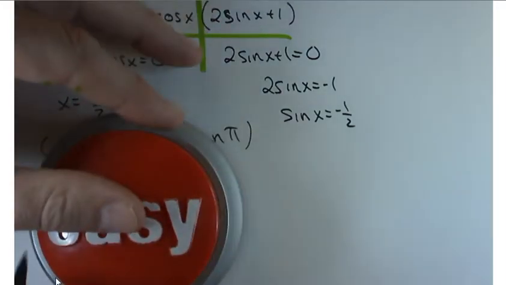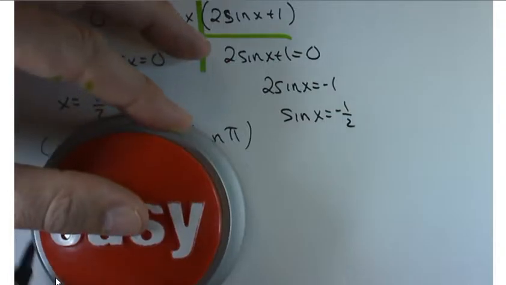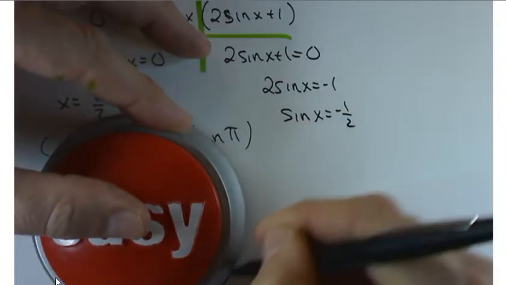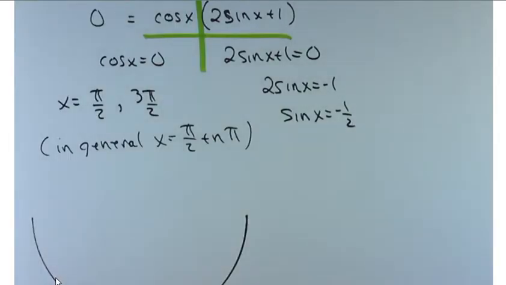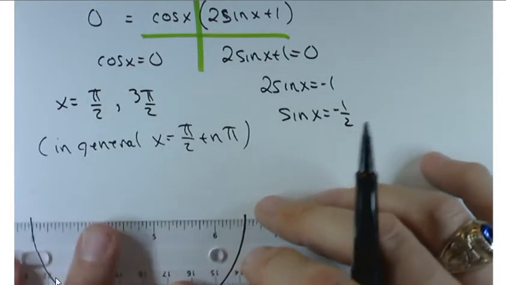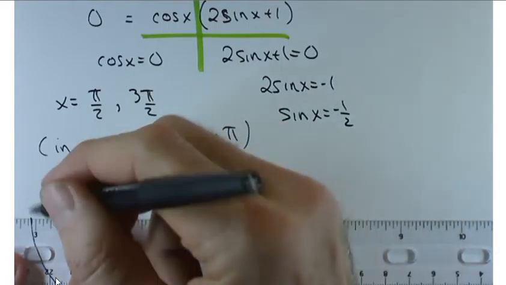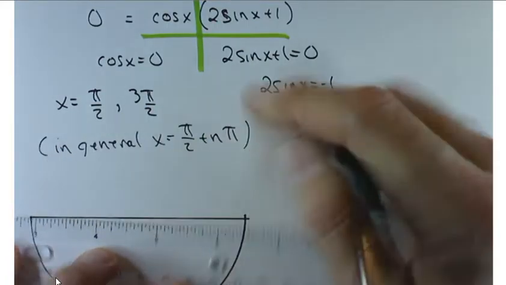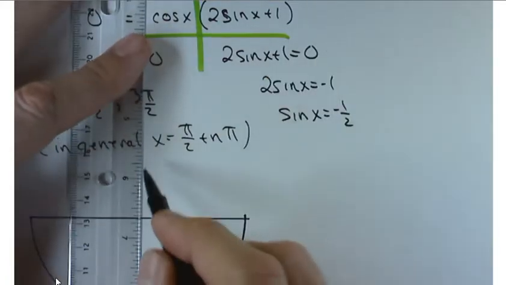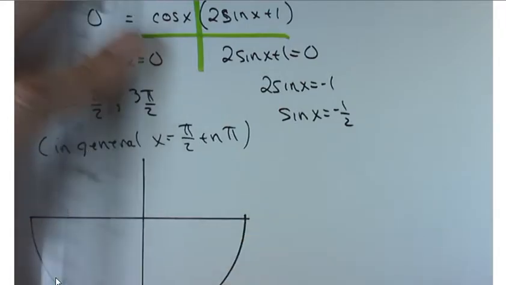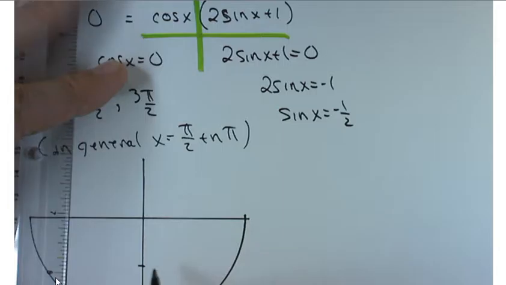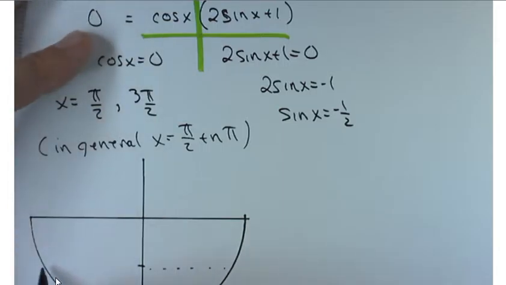So let's give ourselves a little bit of a unit circle here, at least enough of a unit circle. There we go. And what I know is that the y coordinate of my point on the unit circle is negative 1/2. So here we go, negative 1/2. And I see that there's 2 points where this happens.